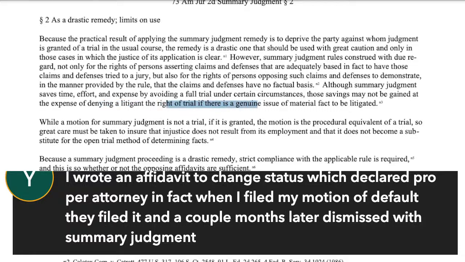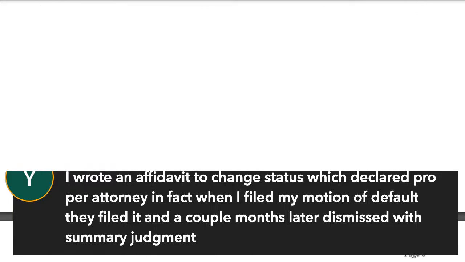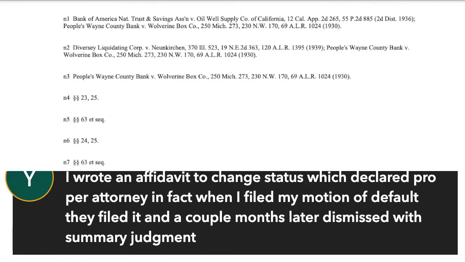If the trial, there's a genuine issue of material fact to be litigated. So this is the one here, genuine issue. So a genuine issue of material fact, material relating to the central issue of the action, and facts, not presumptions, to be litigated. Okay, material fact to be litigated, then it's not eligible for the procedure of a summary judgment. Okay, clear that one up.